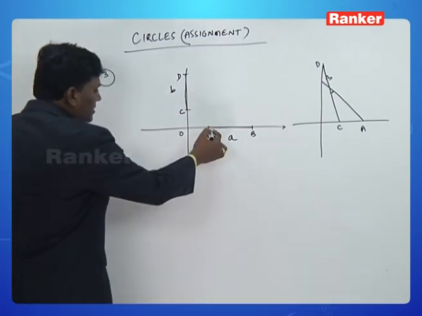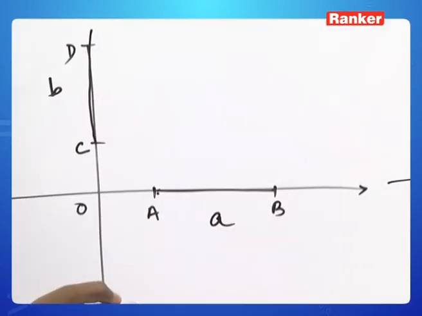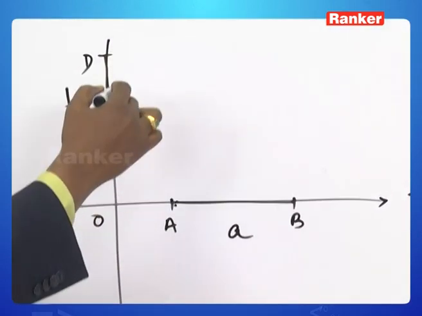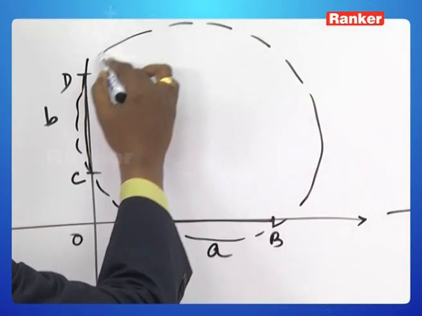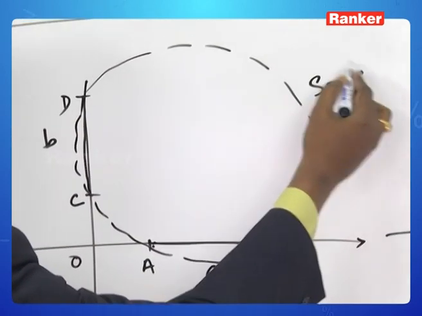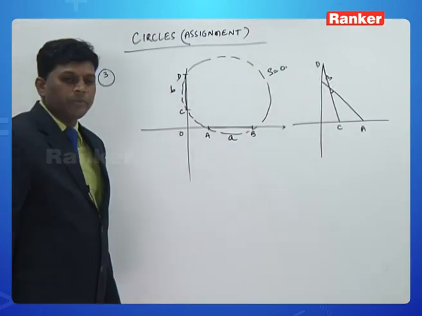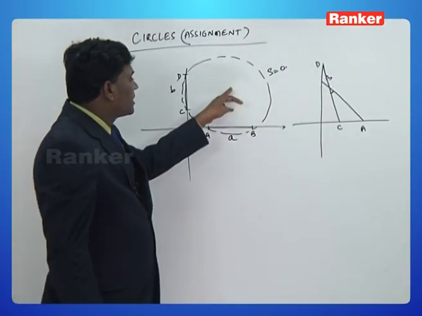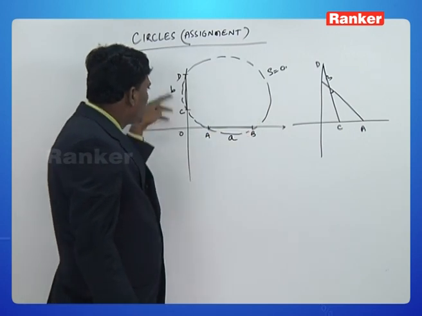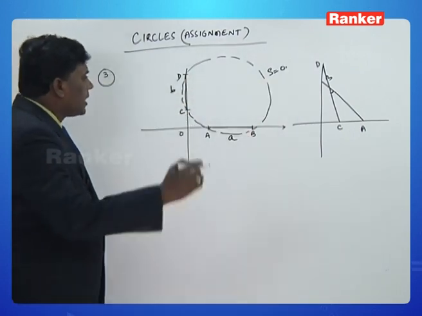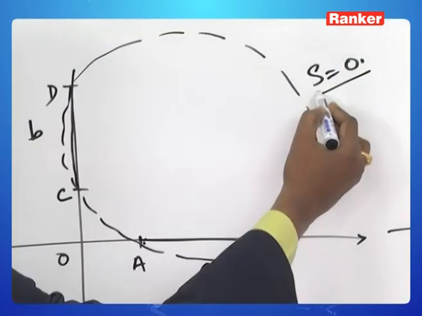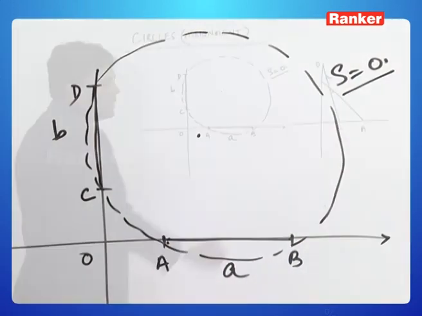If these 4 ends are concyclic, now let us imagine a circle passing through these 4 points. Let us take the circle equation passing through these 4 points as S equals 0. Now we have to get the locus of the center of such a variable circle.